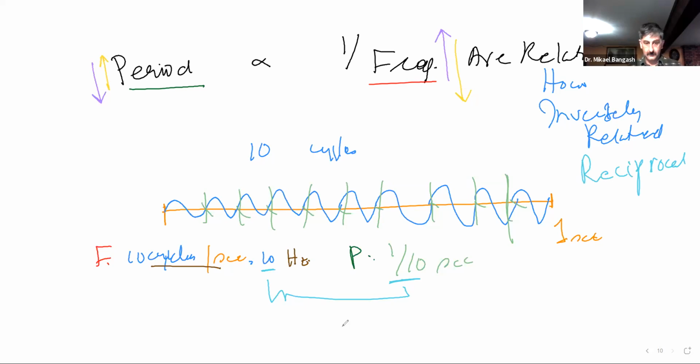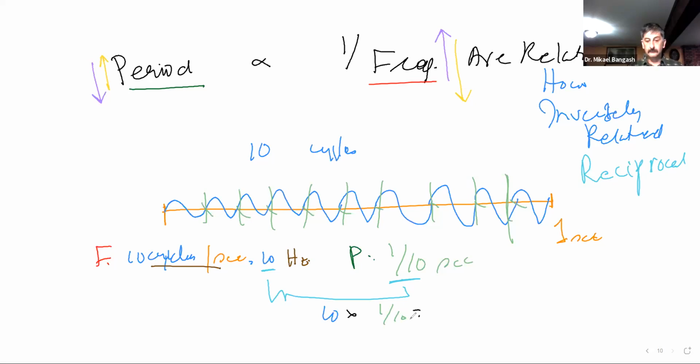Because you can say this 10, which was the number of cycles per second, is multiplied by 1/10, which was the period for each cycle.